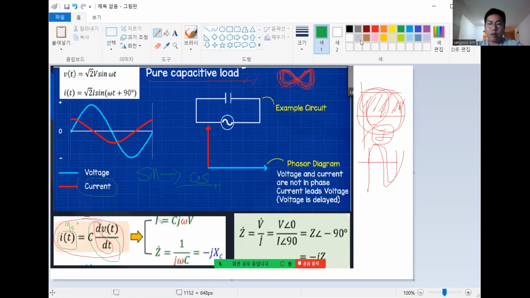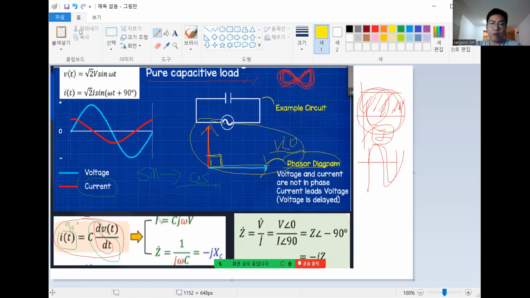So look at that here. First of all, I said since we use a voltage source system, here's V0. This is going to be the standard, and the current is 90 degrees lead. So this is how we draw the phasor, right?